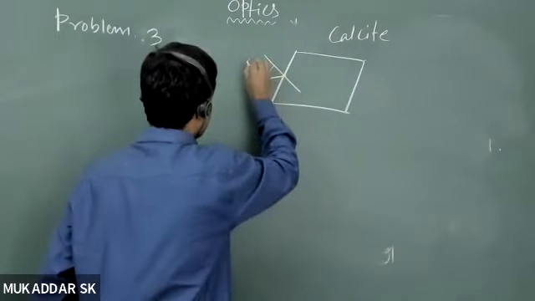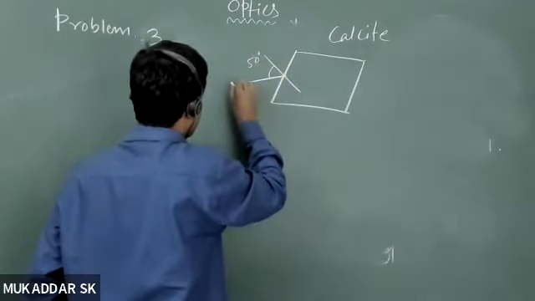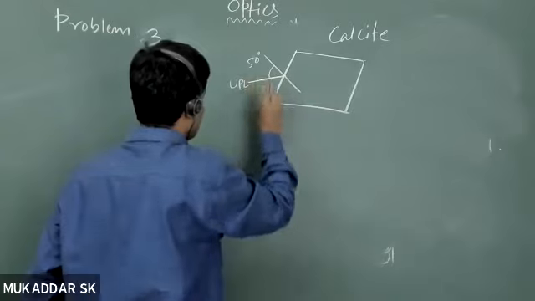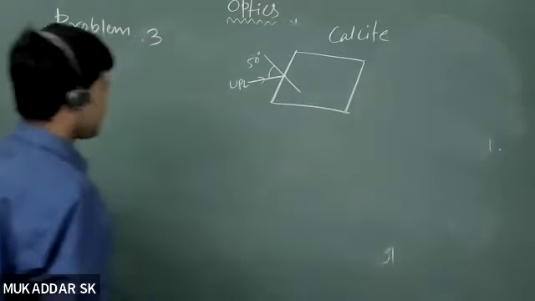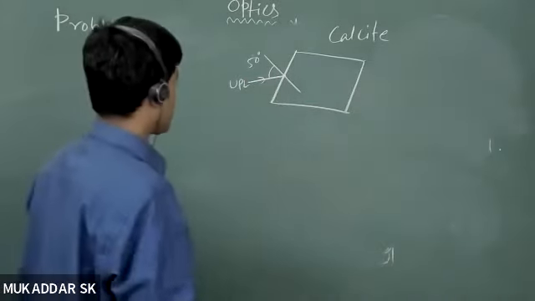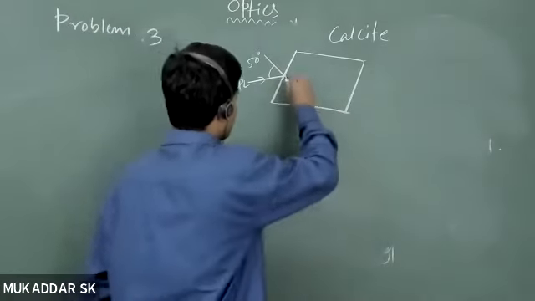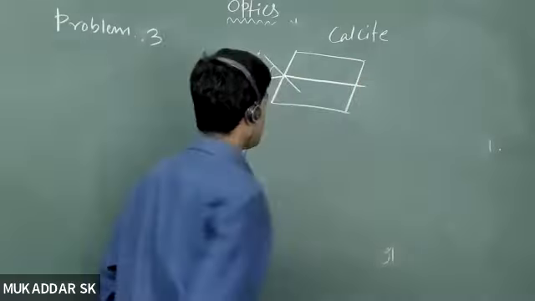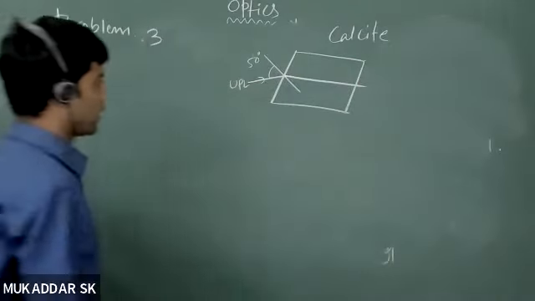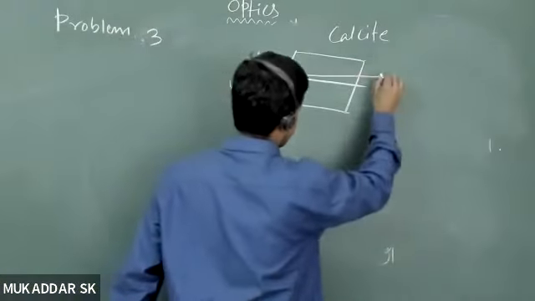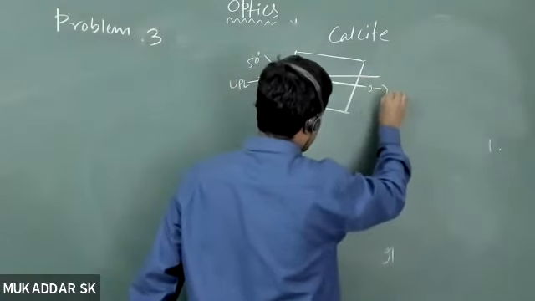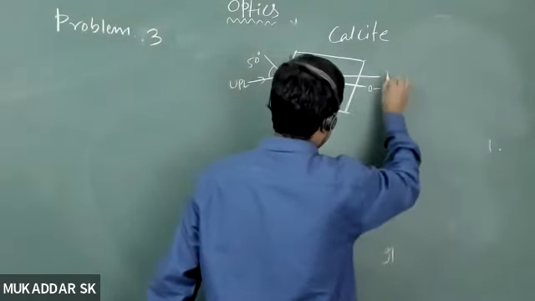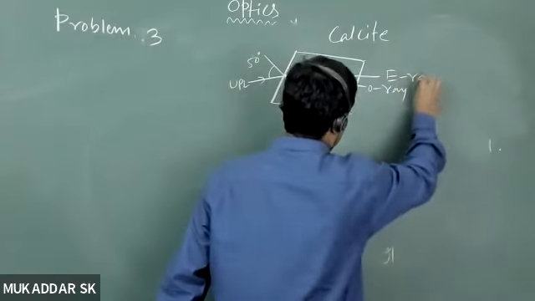This angle is given as 50 degrees. When the unpolarized light is incident on this calcite crystal, it basically splits into two components. One is called the O ray and the other is called the E ray.